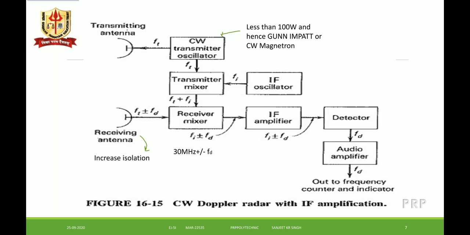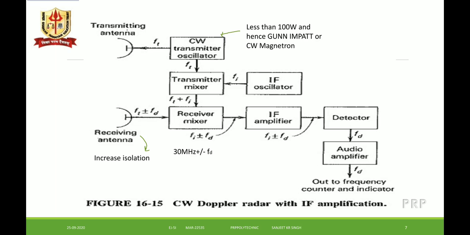That is, the FT plus FI signal is fed to the receiver mixer, and this mixer also receives the Doppler shifted signal from its antenna and produces an output difference frequency, typically near about 30 megahertz plus or minus the Doppler frequency.